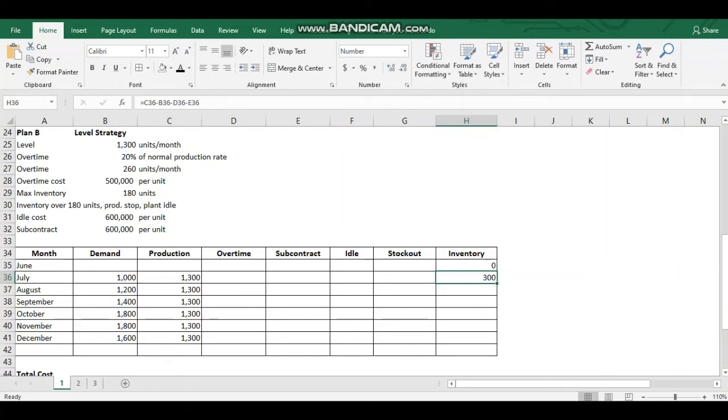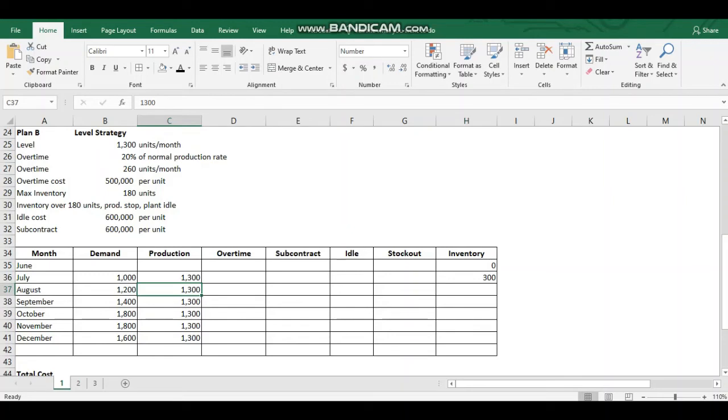But keep in mind that we have inventory of 300 units, and it's more than the maximum inventory allowed, which is 180 units. And what happens if the inventory is more than this number? The inventory more than 180 units, the production will be stopped and the plant idle, which is we're not producing any units.